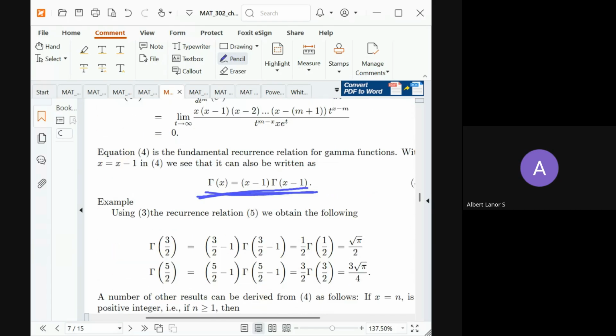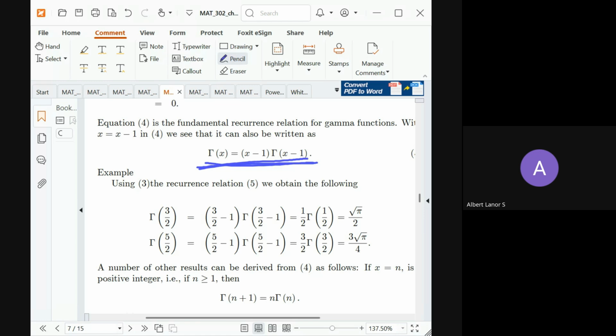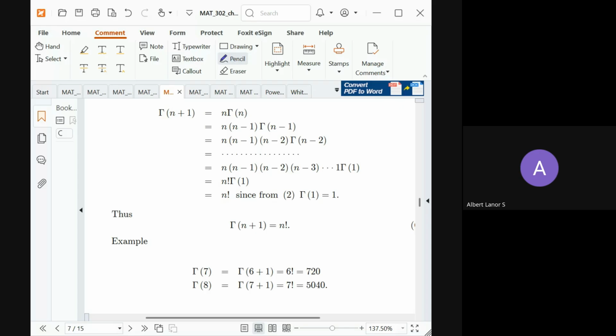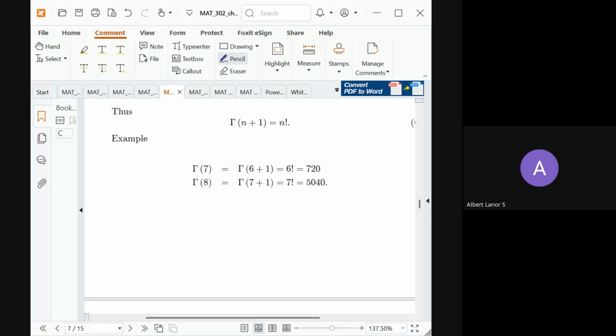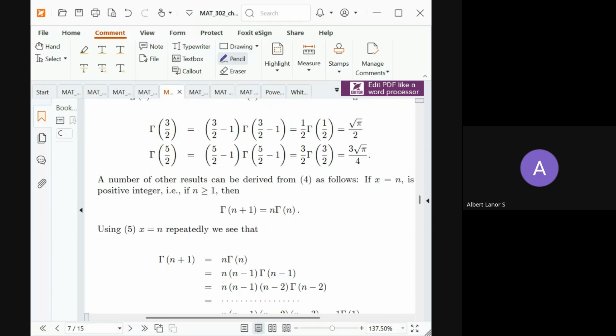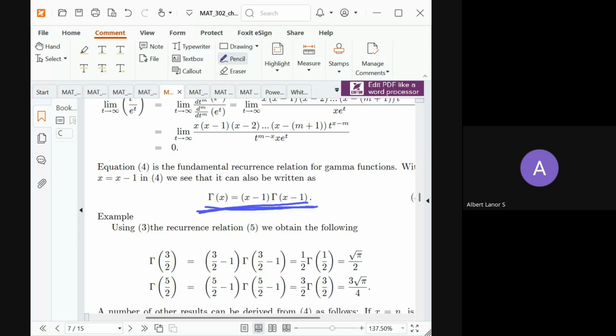Okay. Now we come to recurrence relations. So first, let's start with the integer ones. So this is what we've got.